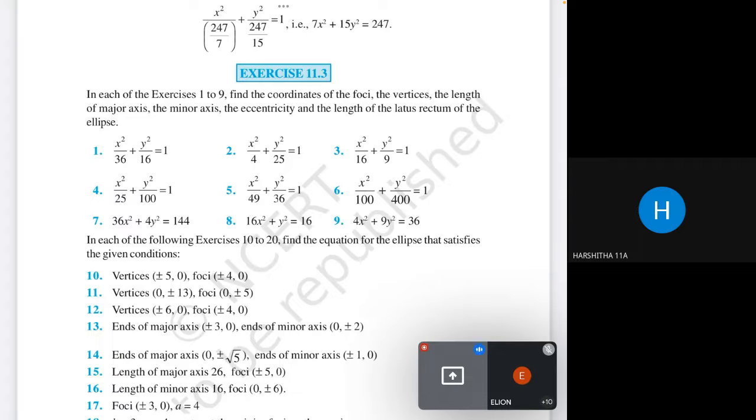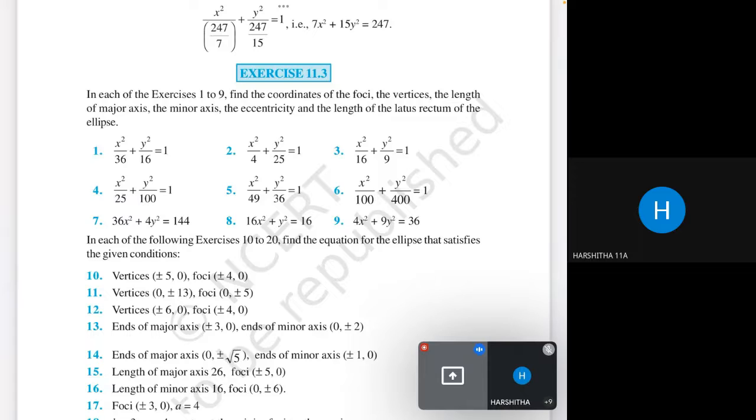Coordinates of the foci, vertices, length of the major axis, length of the minor axis, eccentricity and length of the latus rectum. All of these you need to find out in the case of an ellipse. So you get the A value and the B value.